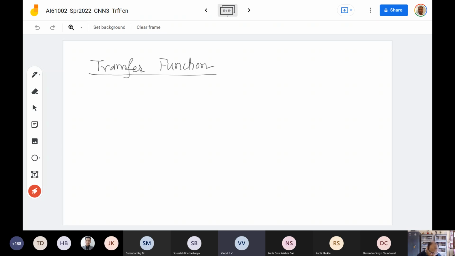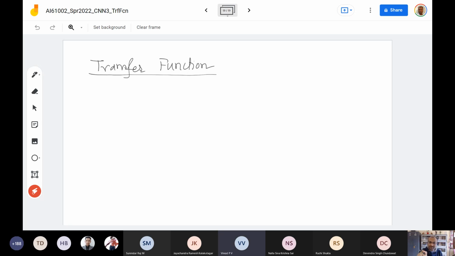Any more doubts? Why do we need many filters? Every filter does the same job, right? No, every filter is a unique filter. See, every one of those weights is separately tuned. If every filter is separately tuned, it's a different entity. They are not coupled.